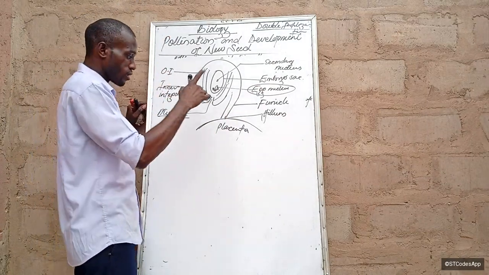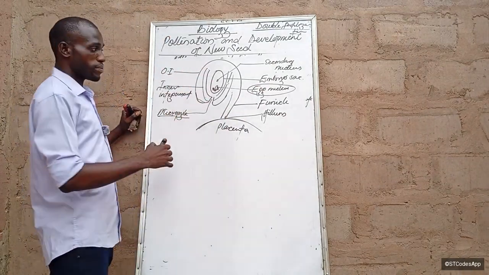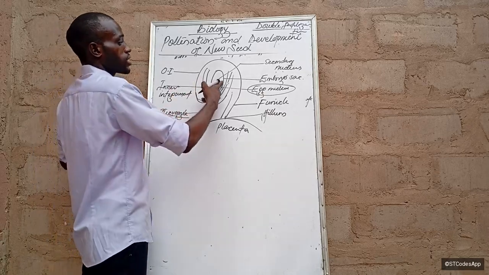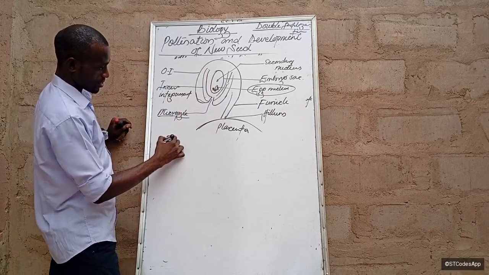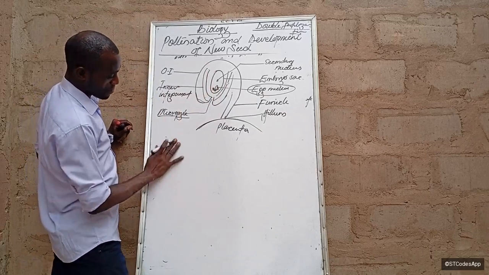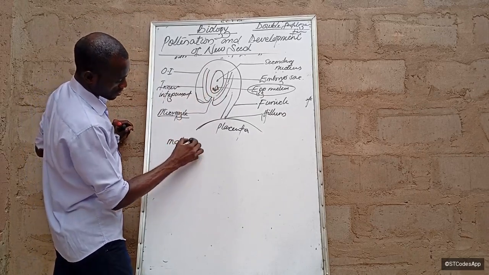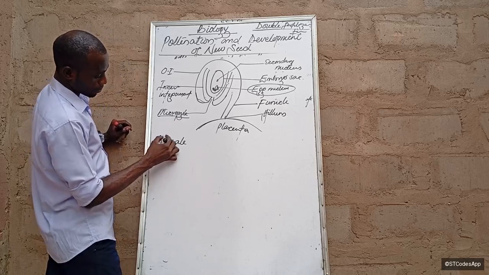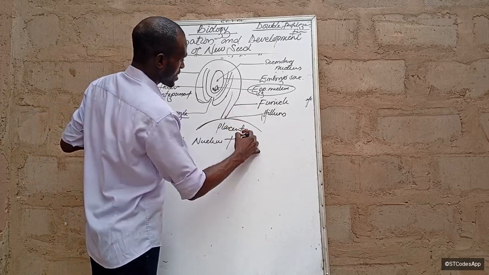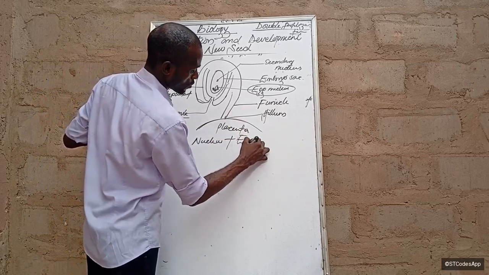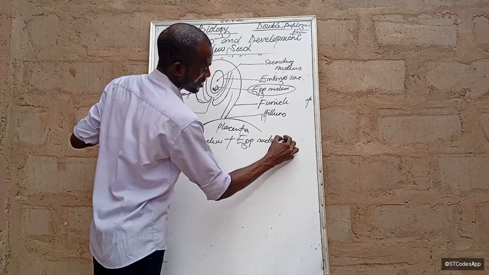Once it fertilizes the egg nucleus, it forms the zygote, which forms the embryo. The first male nucleus plus the egg nucleus will form the zygote.